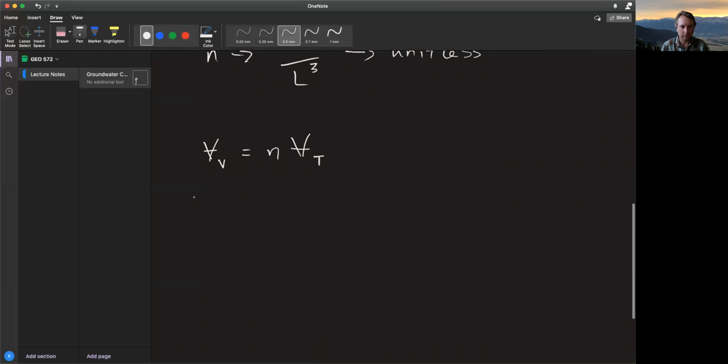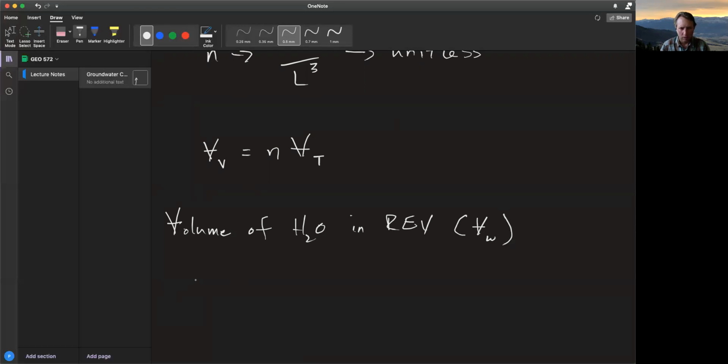Well, let's first define the saturation ratio.